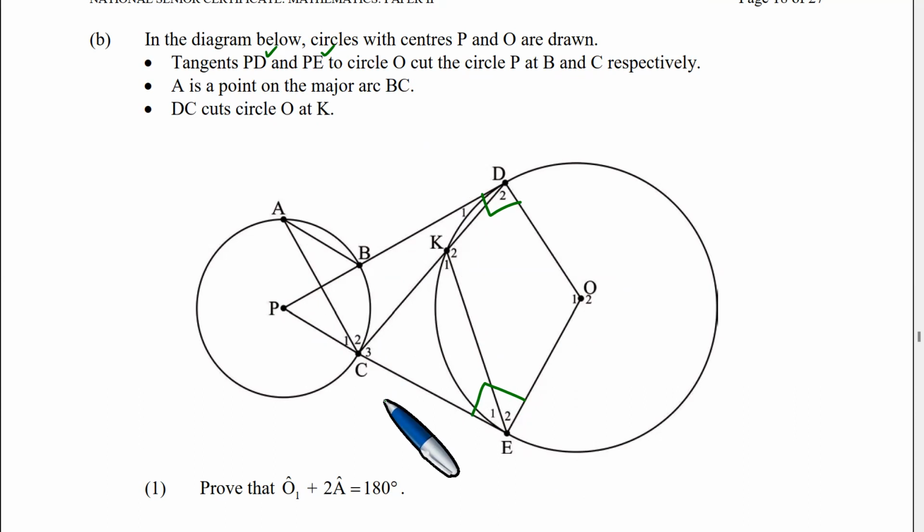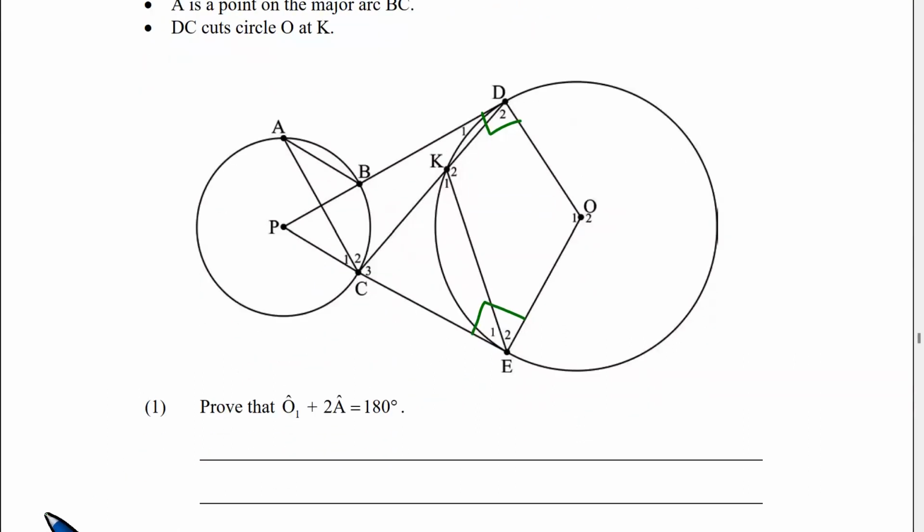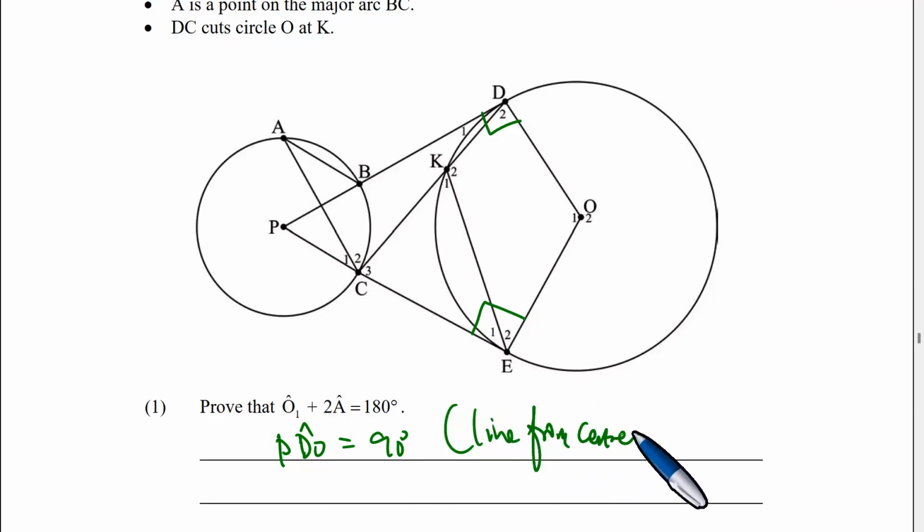And therefore, we start the proof by saying angle PDO is equal to 90 degrees, because of the line from center perpendicular to tangent.